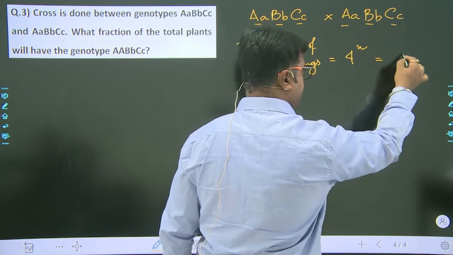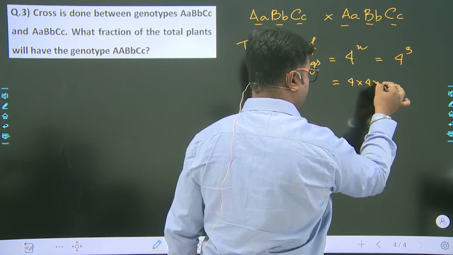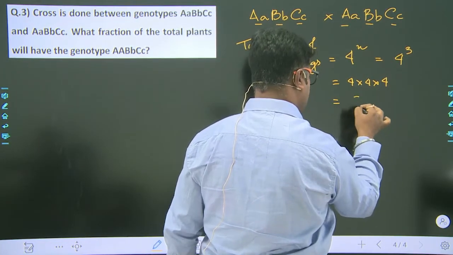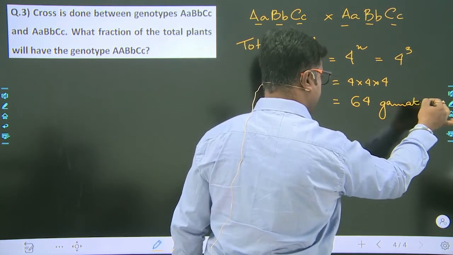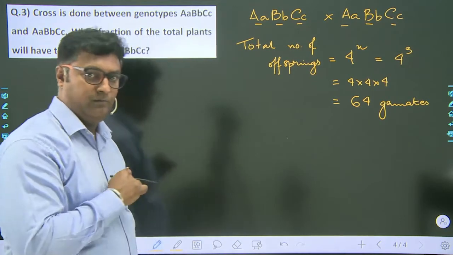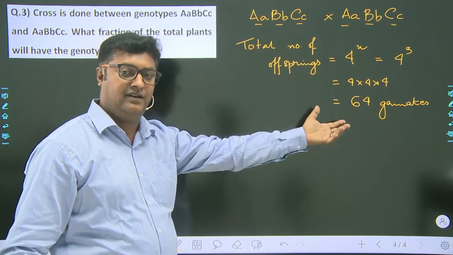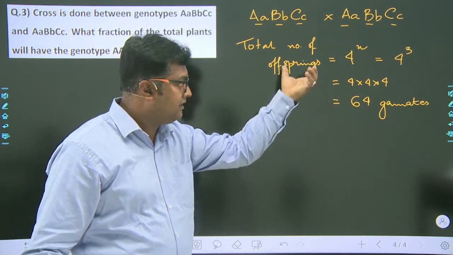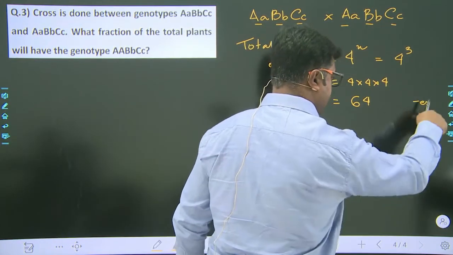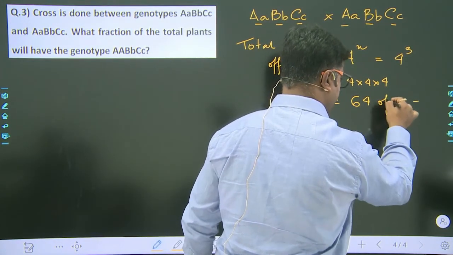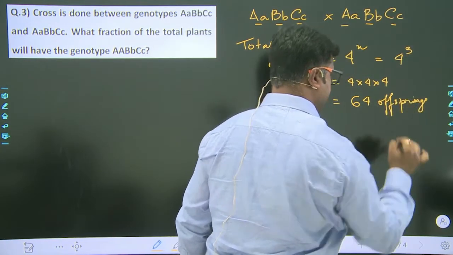So it is very easy to get 4 to the power 3, that is 4 into 4 into 4. 4 4s are 16, 16 4s are 64. Now, this is not being asked. This was just to show you how you can find how many offspring will be produced. Sorry, this is not gametes. This is actually offspring. So there will be 64 offspring produced over here.